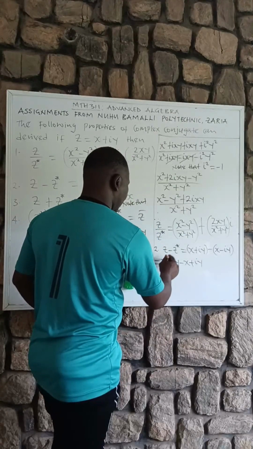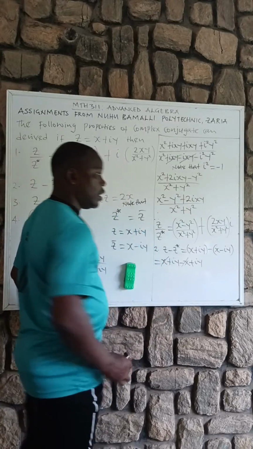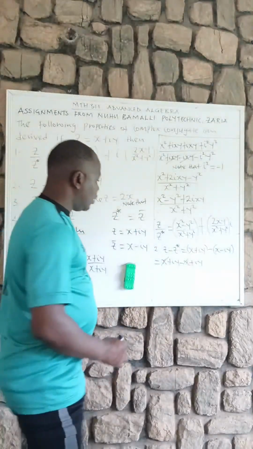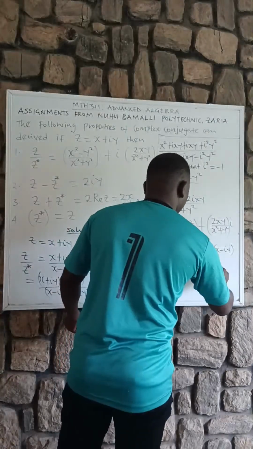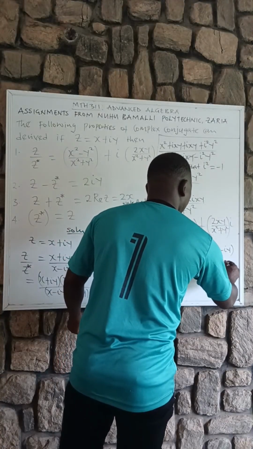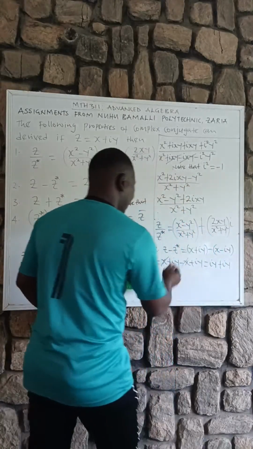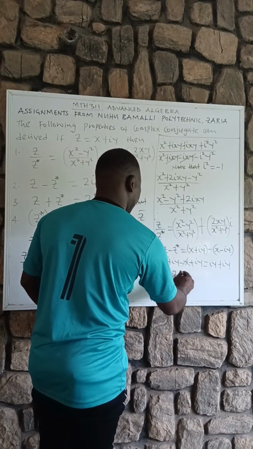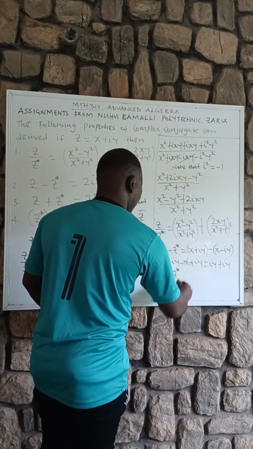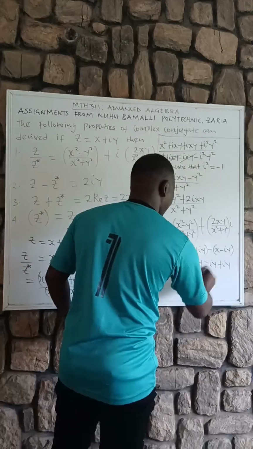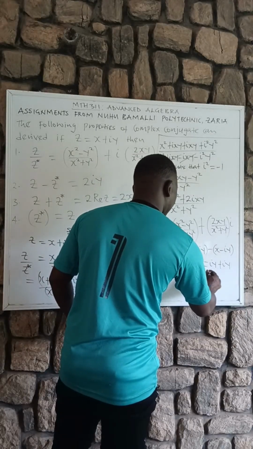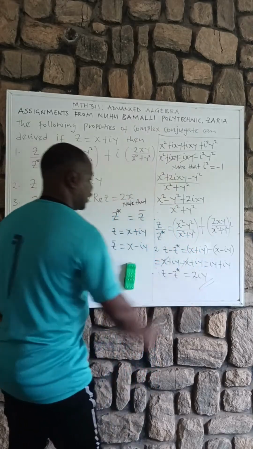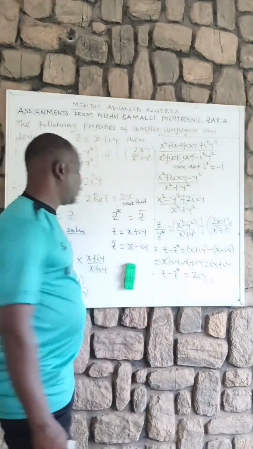Can you see now this and this will cancel to give us iy plus iy. So therefore our z minus z star is equal to 2iy, and this satisfies the derivation.